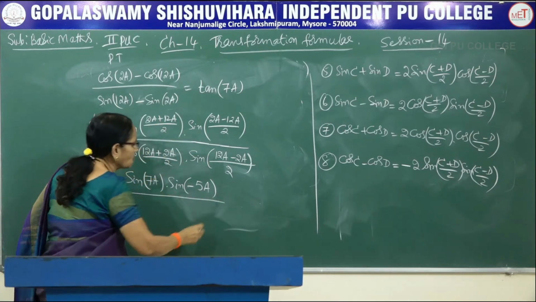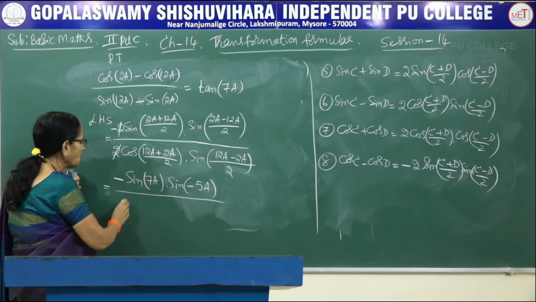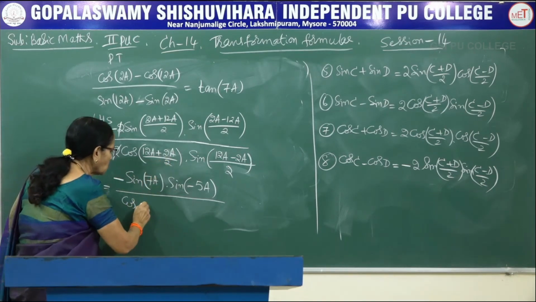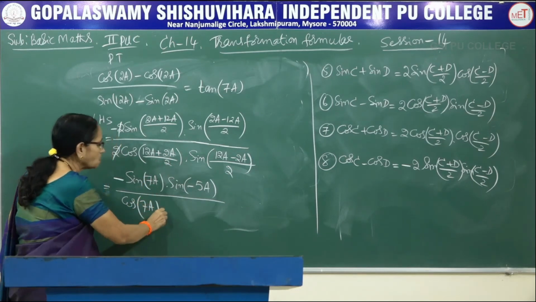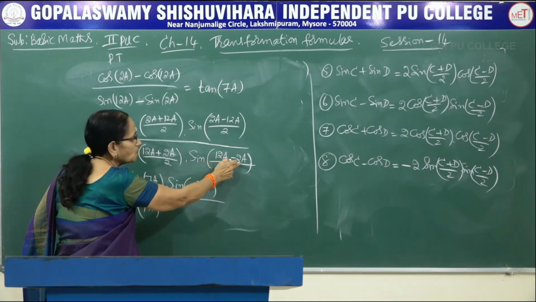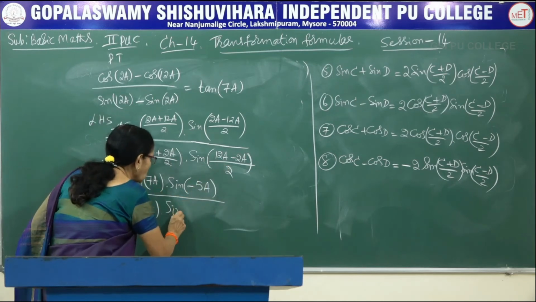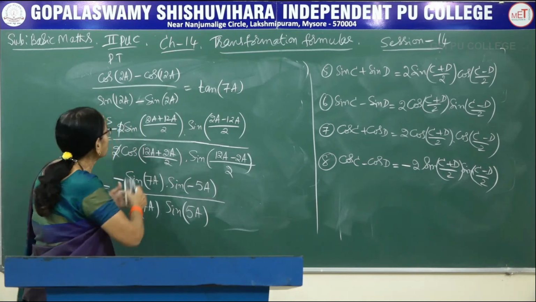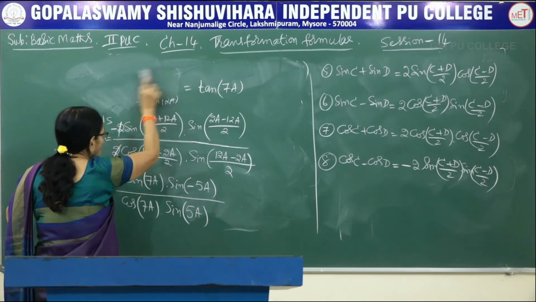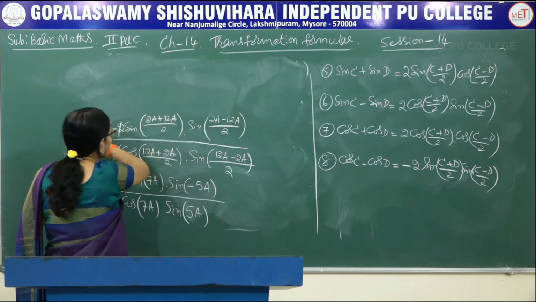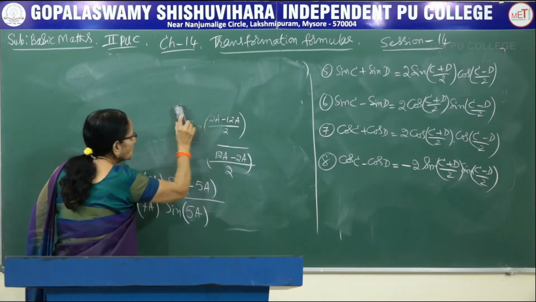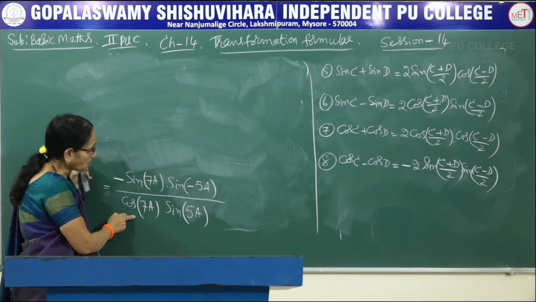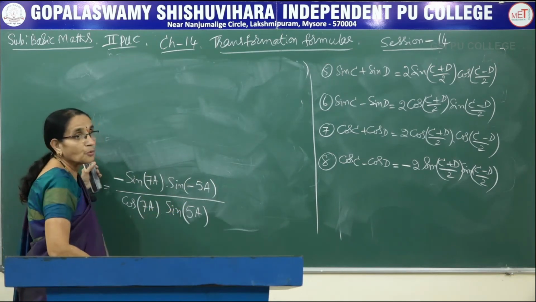If you can write directly, it's well and good. Same thing, cos of (12 plus 2) is 14 divided by 2, that is 7a, into (12 minus 2) is 10 divided by 2 is 5. So, we have sin of 5a. So, what do you get here? It is minus sin of 7a into sin of minus 5a, and denominator cos of 7a into sin of 5a.